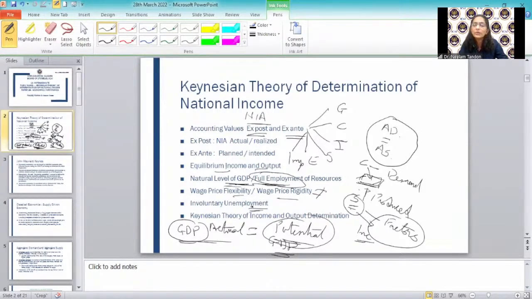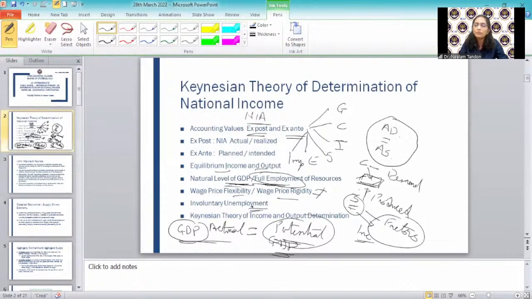Involuntary is something where you say that I want to work, I have requisite skill, but I'm not getting a job. Involuntary unemployment. I want to work, but I'm still not able to get the job. That is involuntary unemployment. So we have shared two concepts here, full employment and involuntary unemployment.